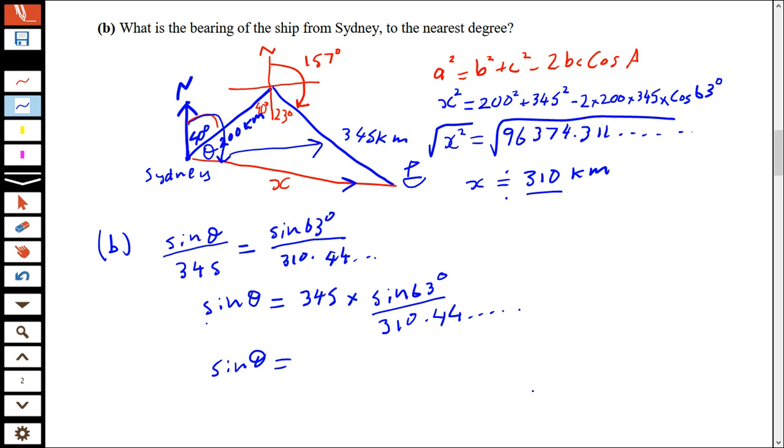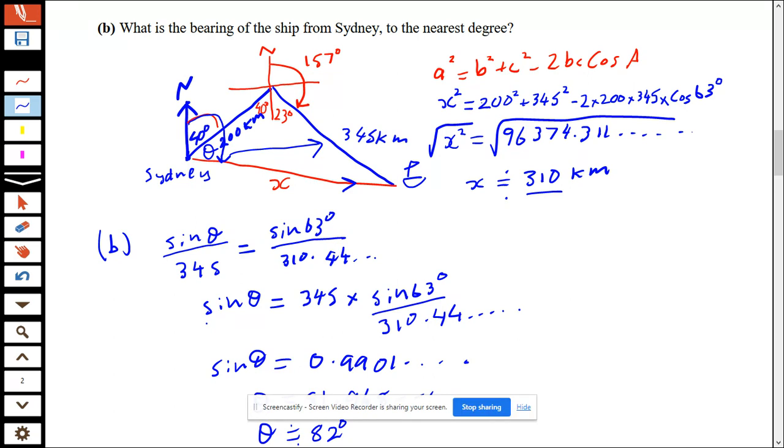And I should get 0.9901, and that keeps going. Then I'm going to go shift sine answer, close bracket, equals. Now it says to the nearest degree, so theta is equal to 81.968 degrees. So theta is approximately 82 degrees.